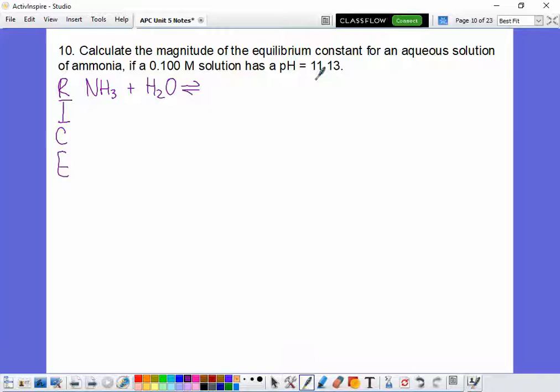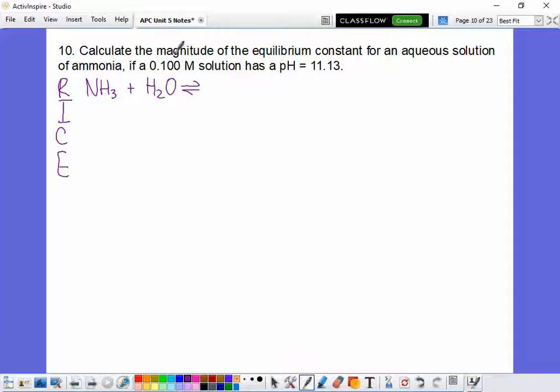We know it's weak because NH3 is ammonia, and ammonia is used so frequently, we just know it's weak. But more importantly, if we assumed it was strong, we would calculate a pH of 13, not 11.13. Got it?